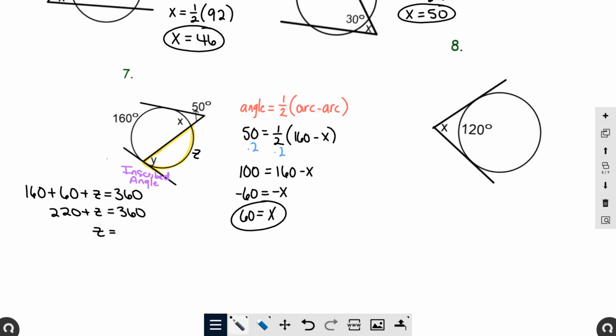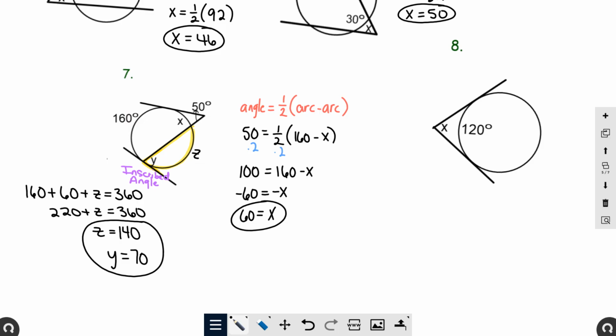So z would be, now if that arc is 140, that angle is 70. It is okay to throw another letter in there to help you figure out what that missing part would be, but that's going to be our inscribed angle that we need.